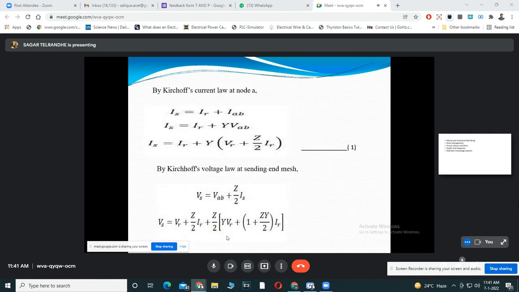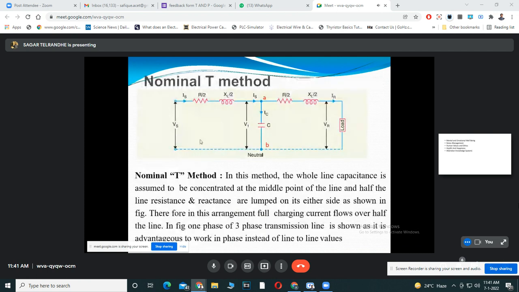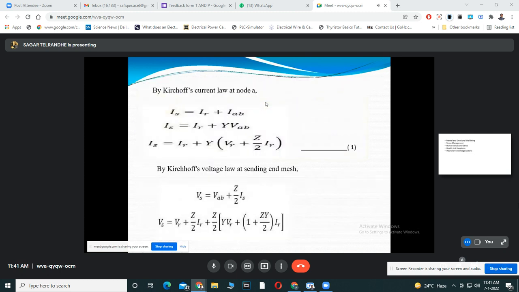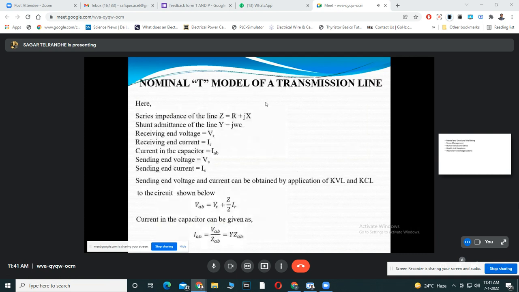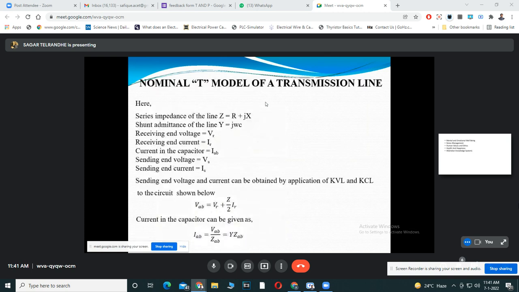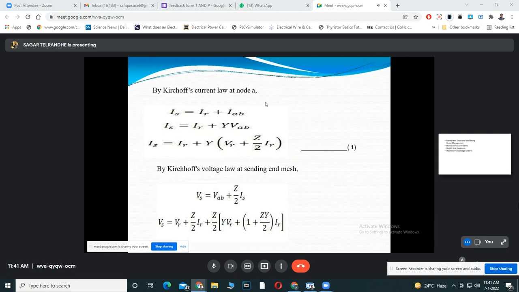By Kirchhoff's law at node A, by KCL, we can write that the sending end current is equal to the receiving end current plus the current in the capacitor arm. In the earlier equation we have seen that IAB can be written as admittance into voltage.